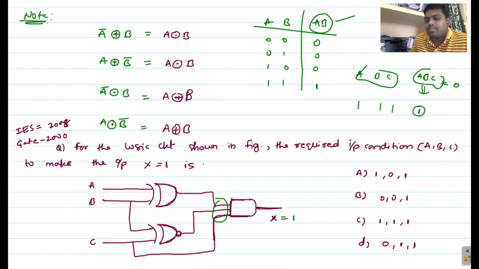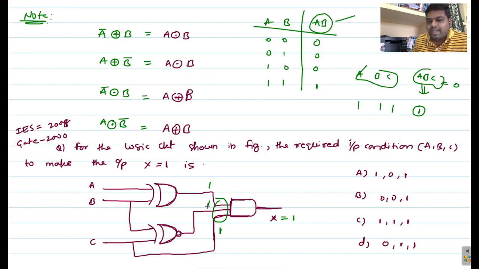That means if X equals 1, that is possible only when all the inputs of this AND gate are high. That means you can indicate here 1, 1, 1.